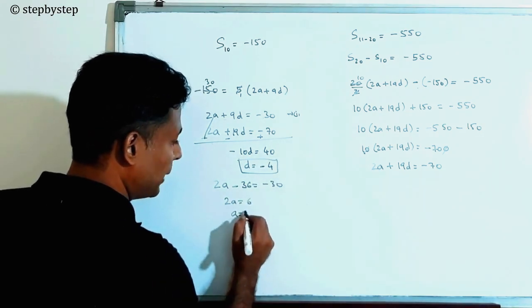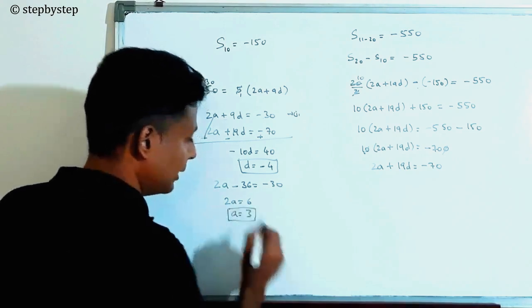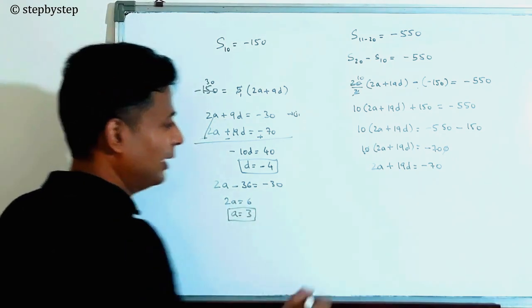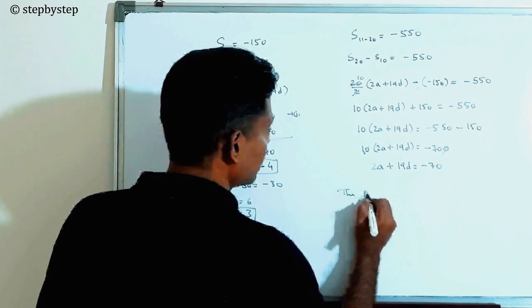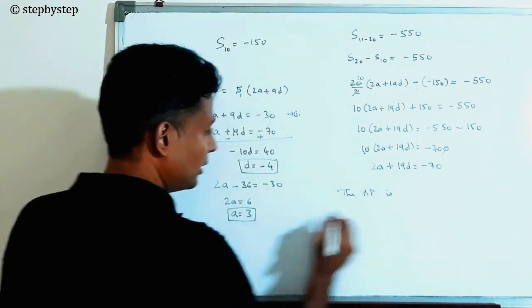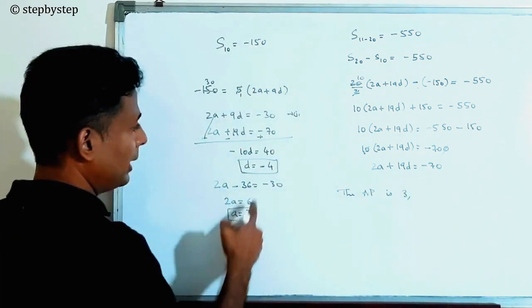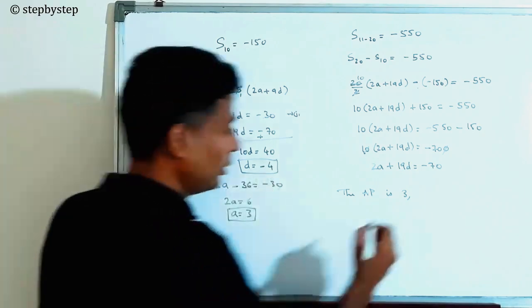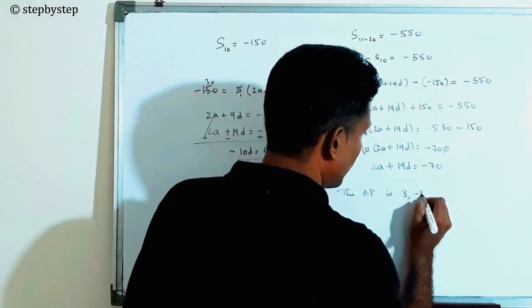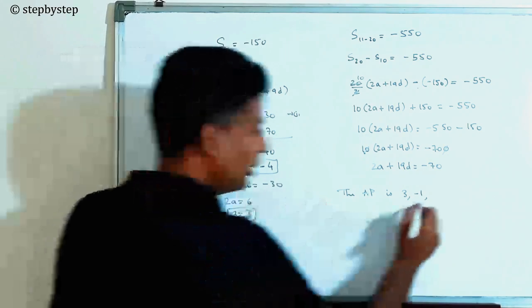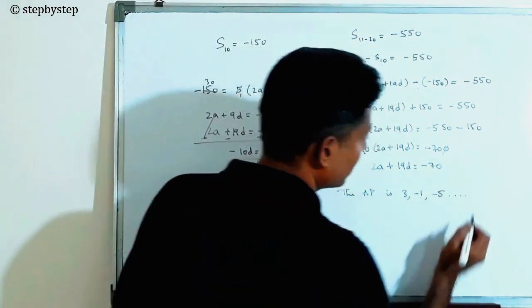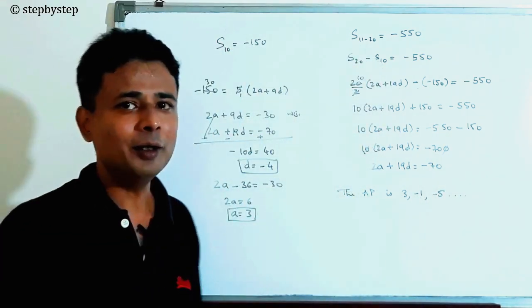So a equal to 6 by 2, that is 3. Now I have found a and d, we can find the AP. The AP is, first term is 3, second term 3 plus minus 4, so 3 minus 4, minus 1, then minus 1 minus 4, minus 5. So we've got the AP.